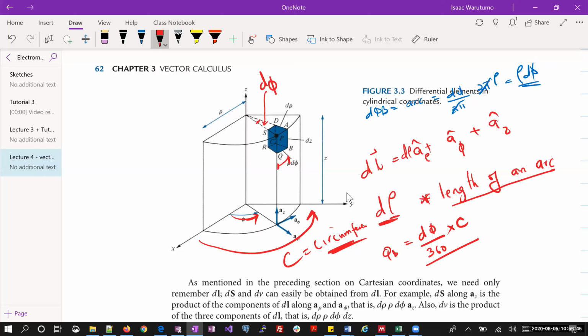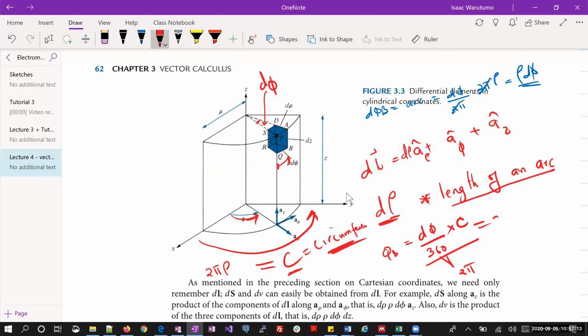The circumference is obtained by 2 pi radius. Remember, that is how we find the circumference of a circle. Now that we know this, 360 is equal to 2 pi, simply in radians.